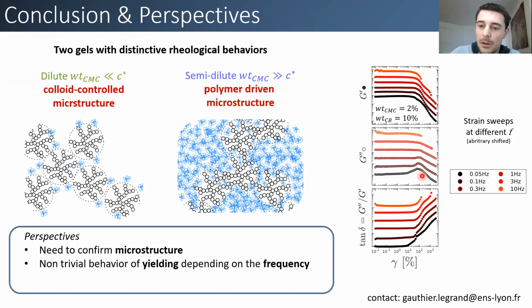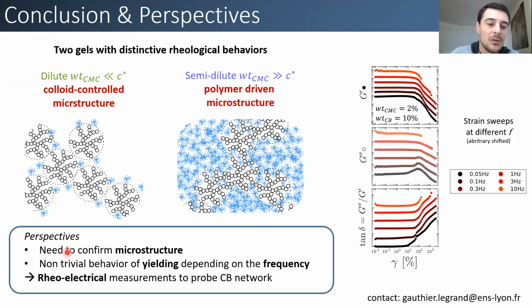You can observe, for example, an overshoot here that seems to disappear if you increase the frequency. And so to have a deeper look at these two perspectives, we aim at running some rheological measurements to probe only the CB network, which is the only conductive network in this system.